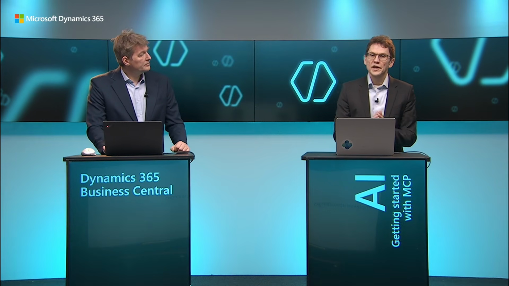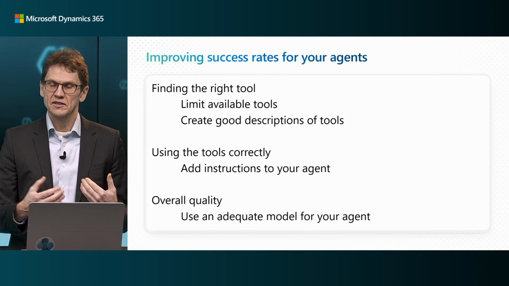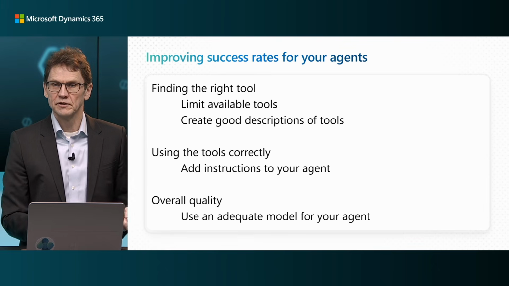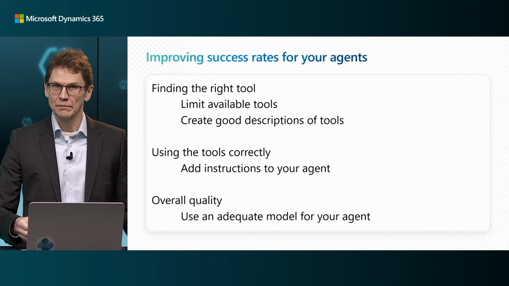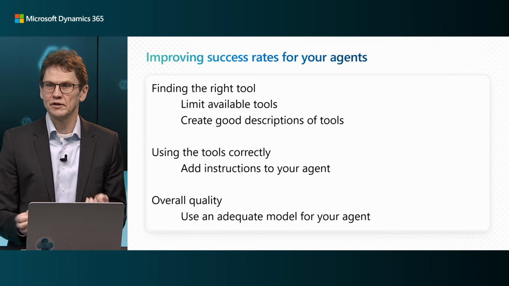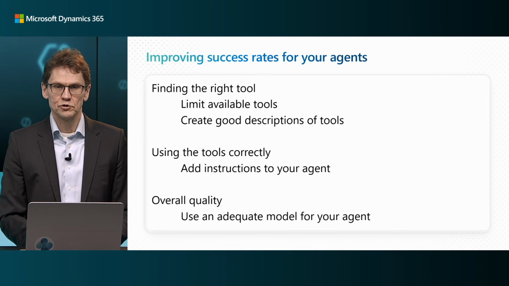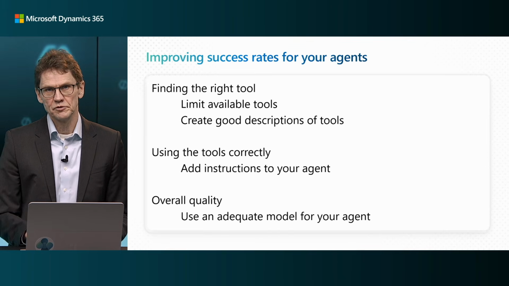Yes. So when you are building your agents, there are a number of things you can do to make your agents more successful. First of all, you need to decide which tools are actually needed. It's not necessarily that more tools are better, even though it can make a nice demo. Look, it can also do this. But in the end, it might end up doing everything not so well. So you can limit the available tools, and you can create good descriptions of tools.